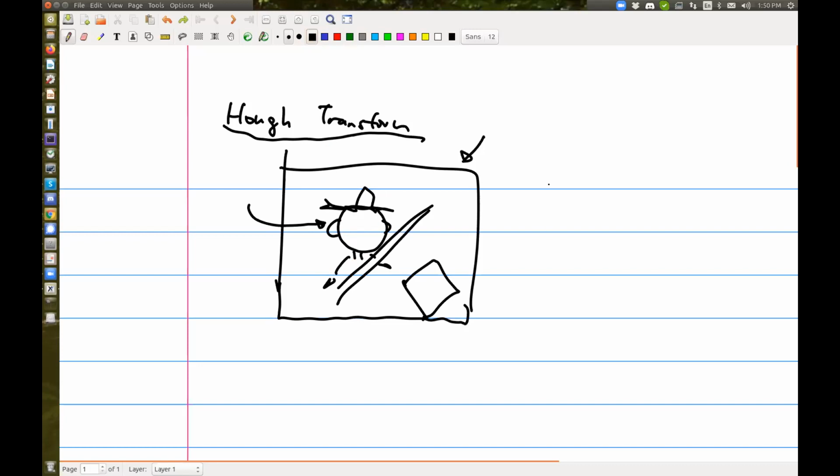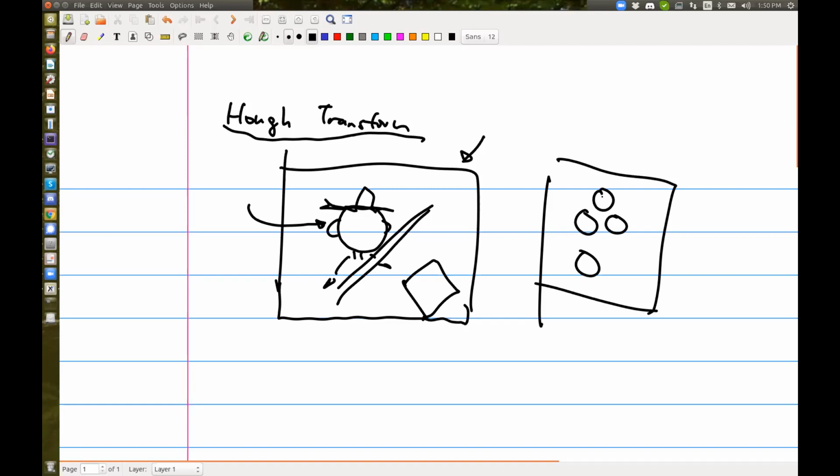But another example is that I just have a bunch of cons here, several cons. They are very circular, almost perfect circles, and I just want to find the location of those cons. In that case, using the Hough transform will be very suitable.